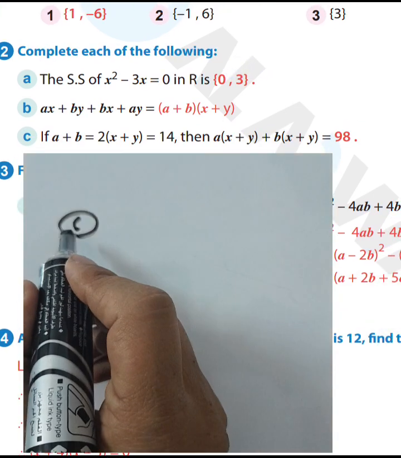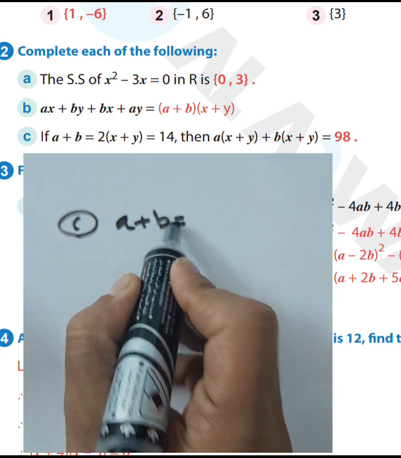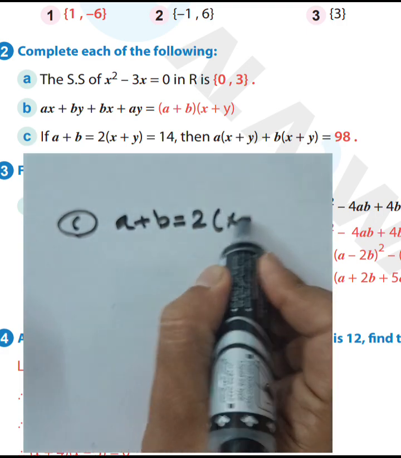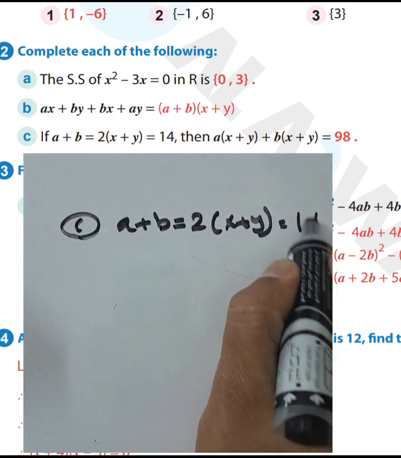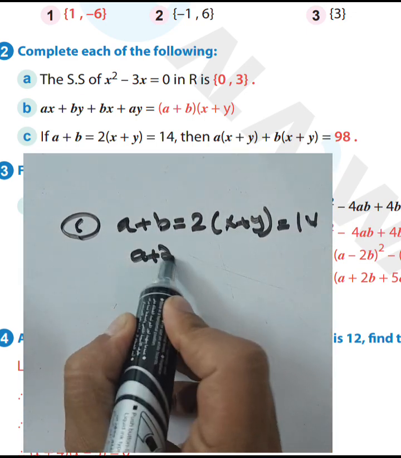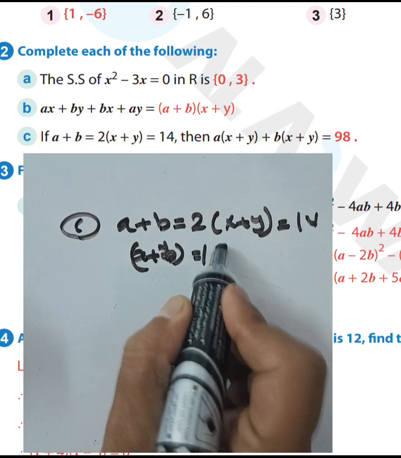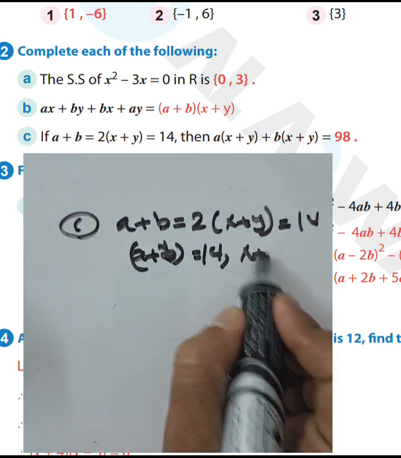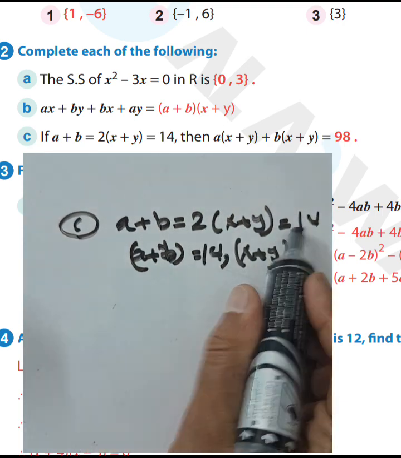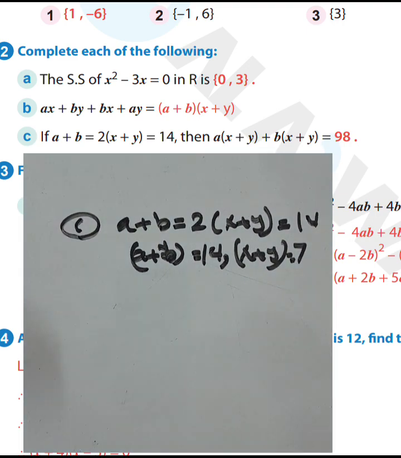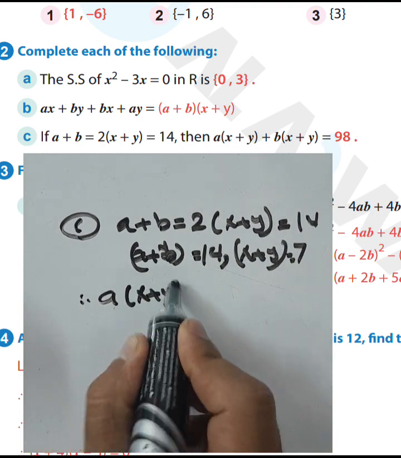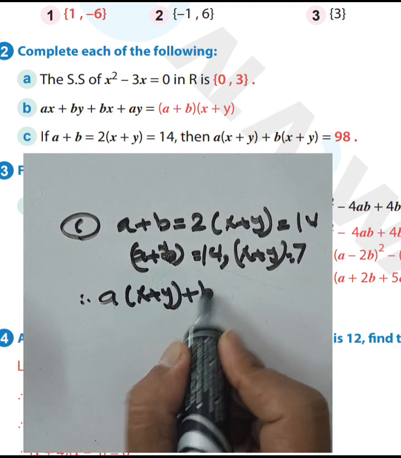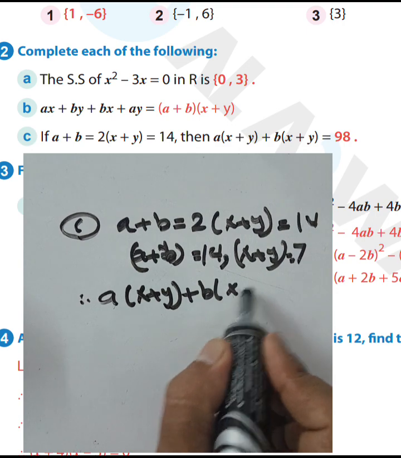Question letter C. If a plus b equals twice, and x plus y equals 14, then a plus b will be equal 14, and x plus y equals what? 2 times what equals 14? 2 times 7. Then we want to find the value of a multiplied by x plus y plus b multiplied by x plus y.